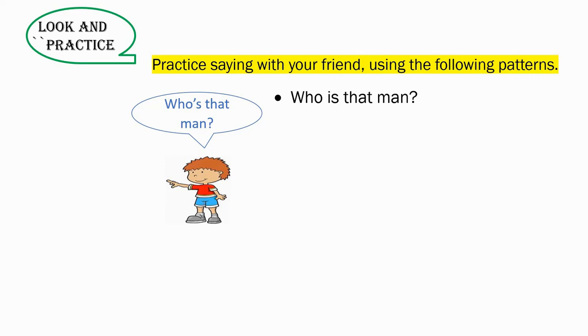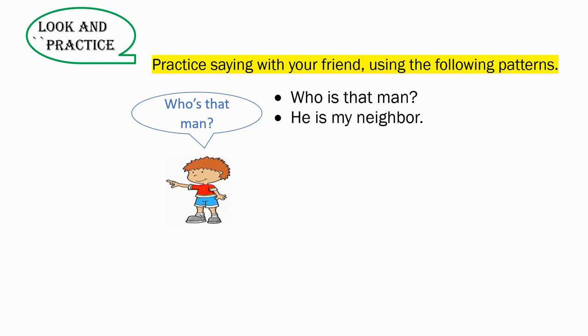And you are going to reply, he is my neighbor. Again, we have here a pronoun he followed by the verb to be, is. These two, he and is, we can contract to make it one word, he's. Again, we omit the letter I and replace it with an apostrophe.